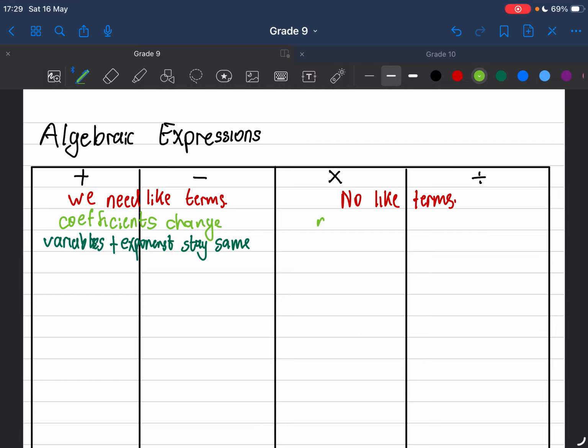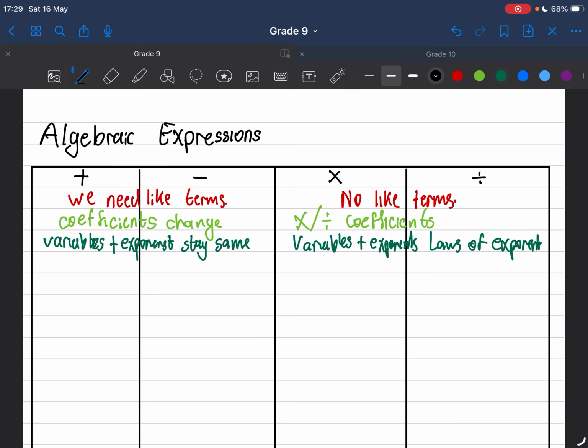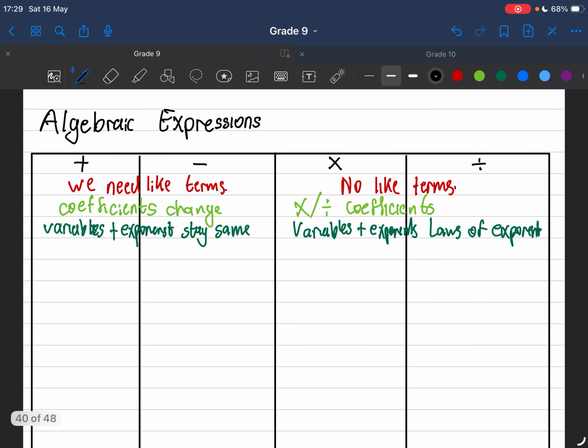So when we're doing them, we're multiplying or dividing coefficients, whatever the case is, and for your variables and exponents, we need to use laws of exponents. All right, let's begin with a couple of simple examples and see what's happening.